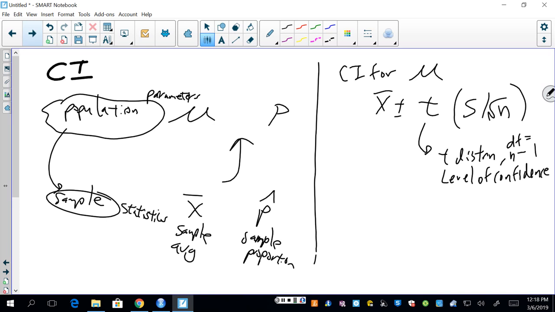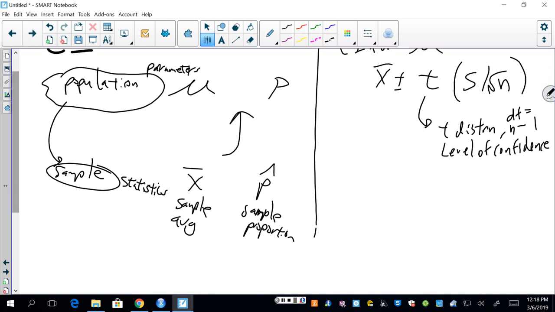We had a comparable formula for estimating a proportion. So we have a confidence interval for a proportion. The sample proportion is at the center, plus or minus some value, and the distribution theory works out so that we typically use normal for that.